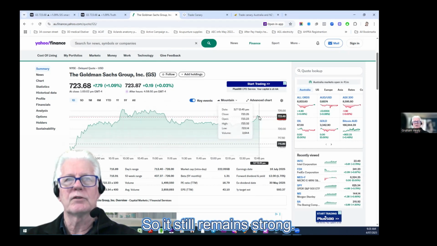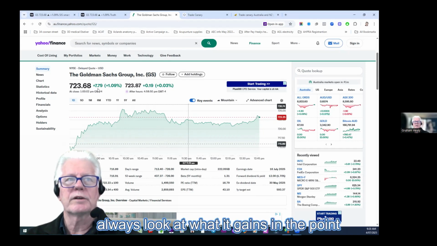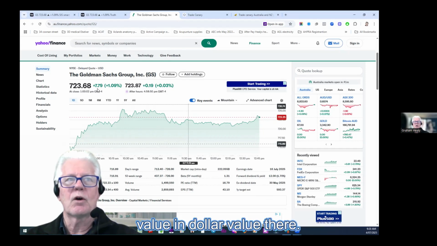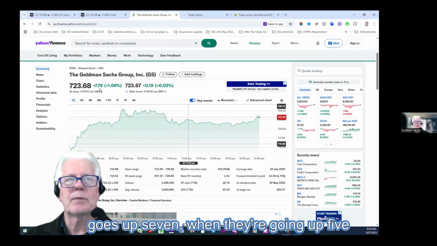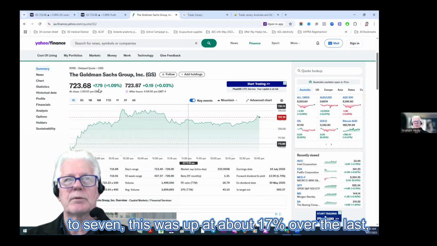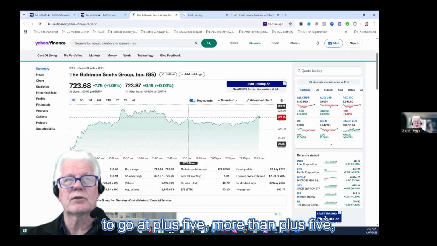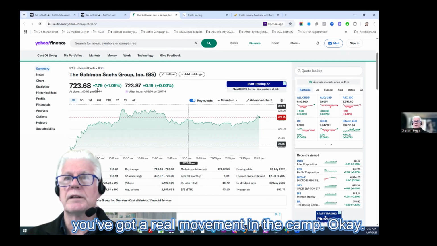So it still remains strong. It's still advancing 1.8%, but I always look at what it gains in the point value and dollar value there. It goes up 7. When they're going up 5 to 7, this was up about 17 points over the last couple of days. But when it starts to go at more than +5, you've got a real movement in the camp.